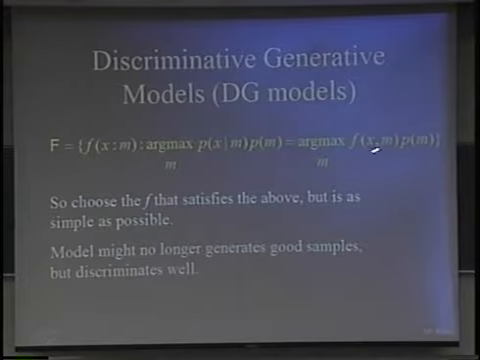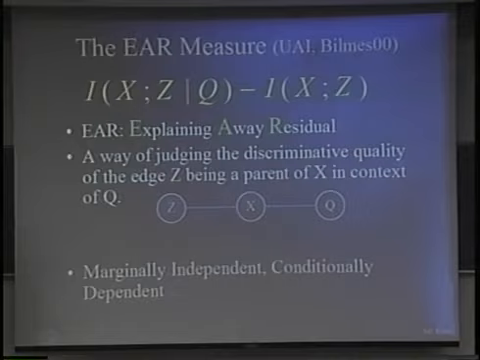My model F, I want it to make as good a classification as the optimal procedure, but maybe I don't need to be as complicated as actually producing the exact probability distributions for Bayes' decision theory. So the idea is to take the simplest thing that works.